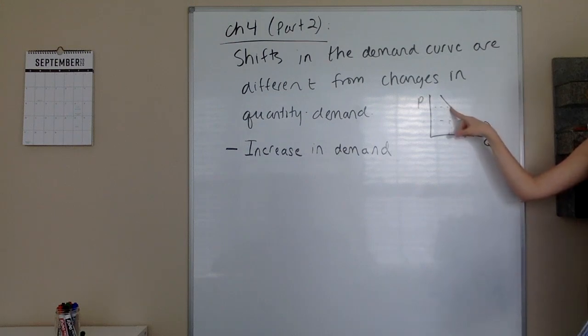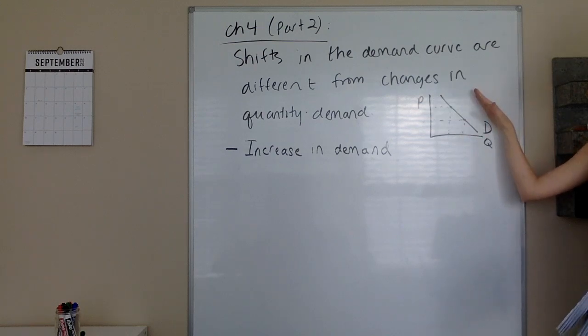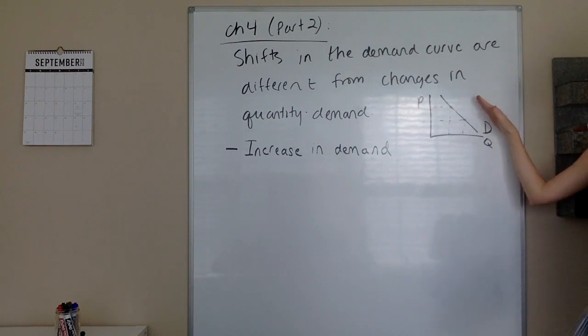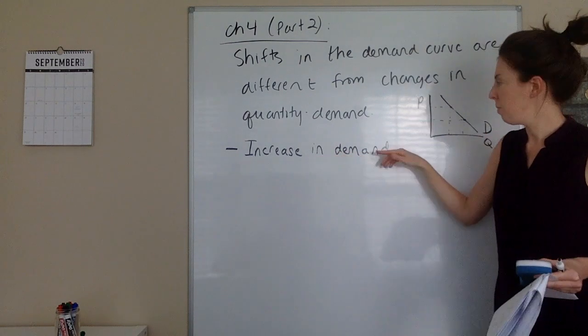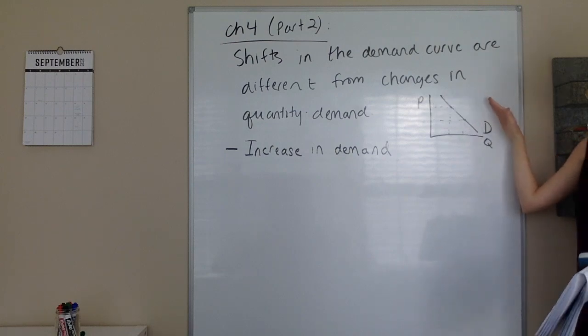So an increase in demand is the same thing as the whole demand curve increasing. It's the actual demand that is increasing, which is also synonymous with shifting to the right.